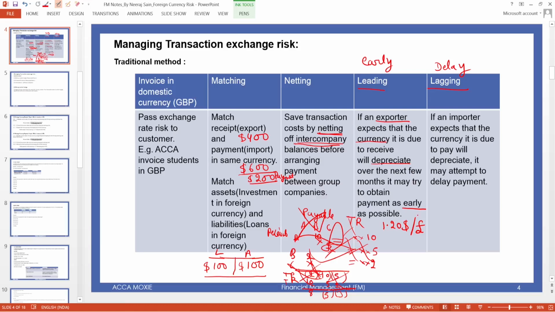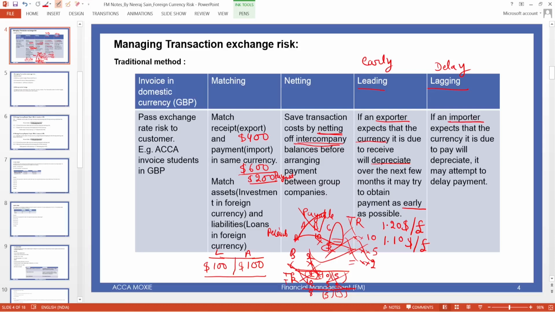We are UK based, so our home currency is GBP. So we are going to receive dollars. Right now 1 pound can get $1.20, but in the future 1 pound can get more dollars. So you will try to receive as early as possible, because right now you will receive that dollar and convert into pound, so you will get more pound, because right now the dollar is in good position.